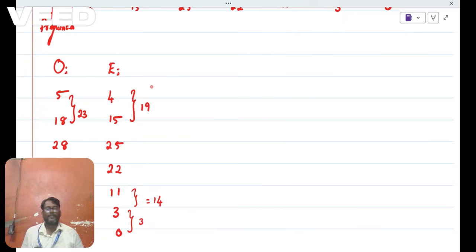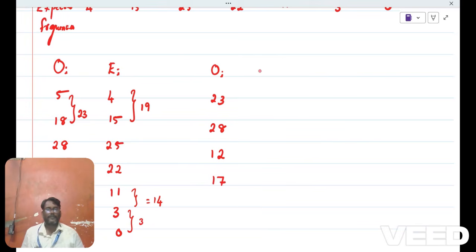Now the new observed frequencies and expected frequencies: the Oi will be 23, 28, 12, and 17. Next, the expected frequencies Ei are 19, 25, 22, and 14.